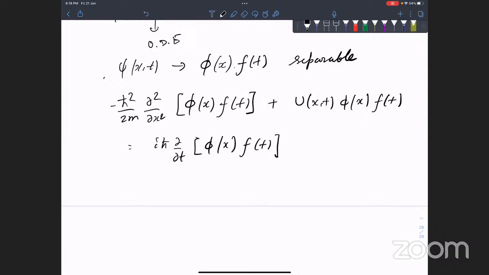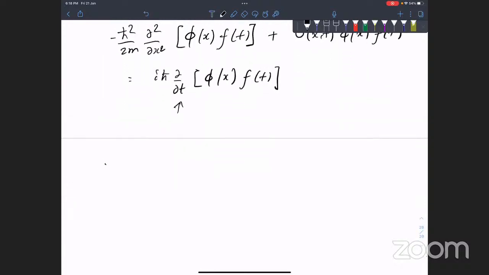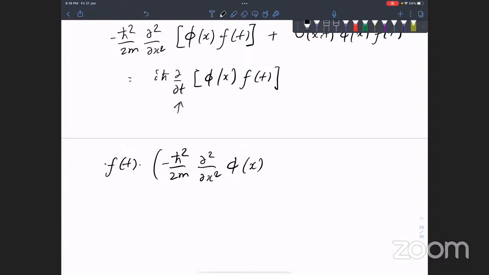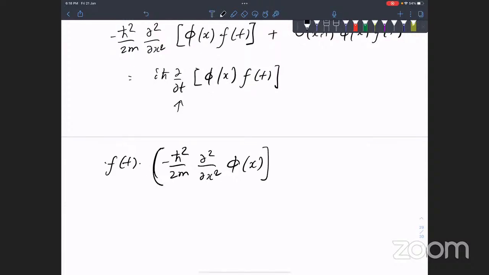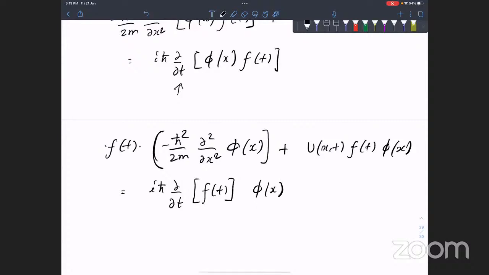Now, this is good because here I have a partial derivative only with respect to time. Let's simplify this. I can write this as f(t) into minus h bar squared by 2m, d squared by dx squared of phi(x), plus U(x,t) f(t) phi(x), equal to i h bar partial with respect to time of f(t), with phi(x) coming outside.